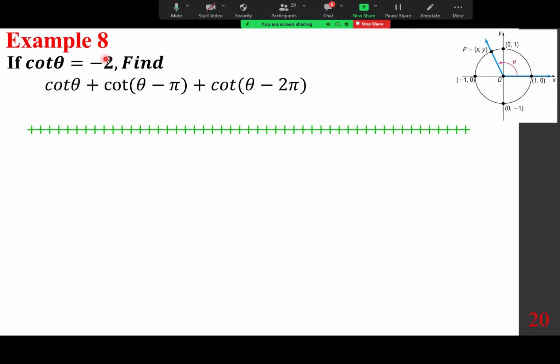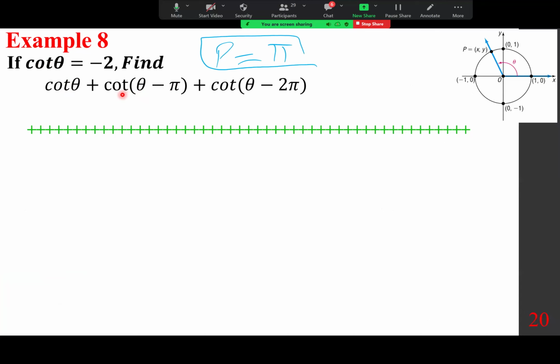If cotangent theta is negative 2, we want to evaluate the expression cotangent theta, cotangent theta minus pi, cotangent theta minus 2 pi. Remember, the period for cotangent and tangent is pi. When we say pi, any multiples of pi, positive or negative, makes no difference. So this is cotangent.